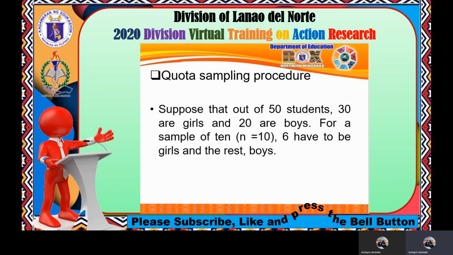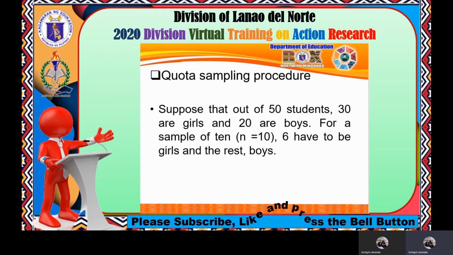Okay. Another sampling method under qualitative is the quota sampling procedure. When we say quota sampling procedure, suppose that you have 50 students. Out of the 50 students, 30 are female and 20 are male. So for a sample of 10, 6 have to be girls and the rest are boys.